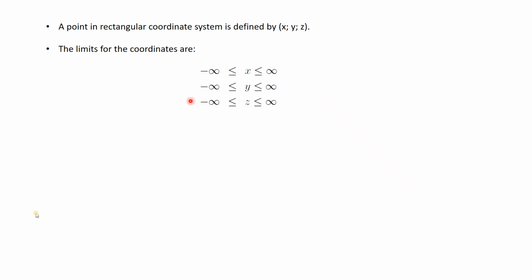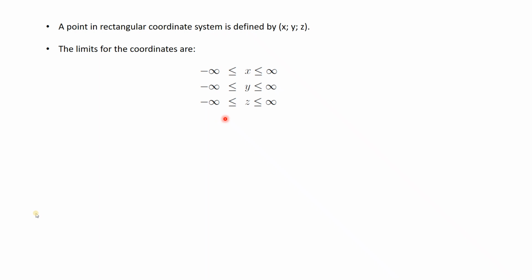So now, before going to the vectors, I am just showing you the limits, because in every coordinate system you will come across the limits of each coordinate. x is one coordinate, y is one coordinate, and z is another coordinate. These 3 coordinates don't have a limit. They can extend from -infinity to +infinity. Why is this given?